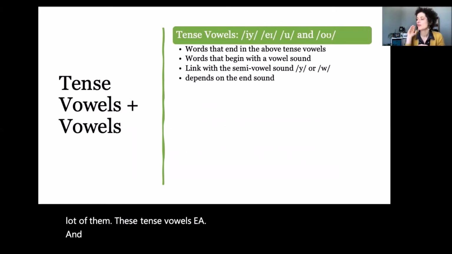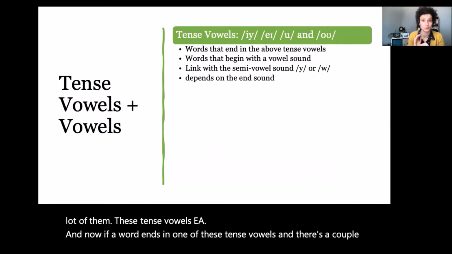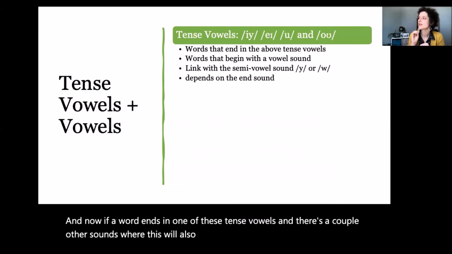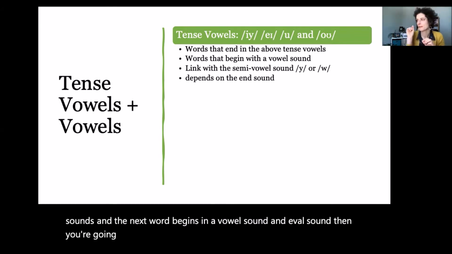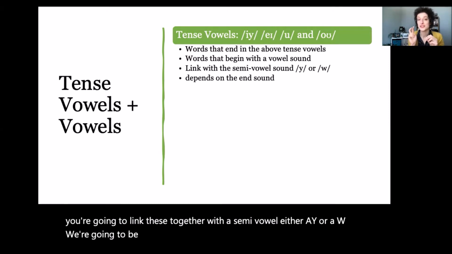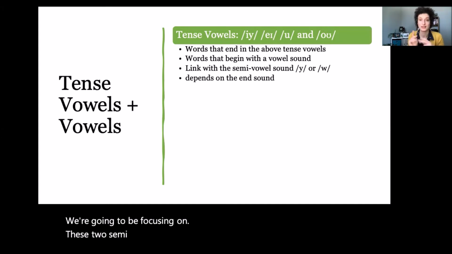Now, if a word ends in one of these tense vowels, and there's a couple other sounds where this will also happen, if a word ends in one of these sounds and the next word begins in a vowel sound, any vowel sound, then you're going to link these together with a semi-vowel, either a Y or a W. We're going to be focusing on these two semi-vowels today, Y and W, and you're going to see why they're important.